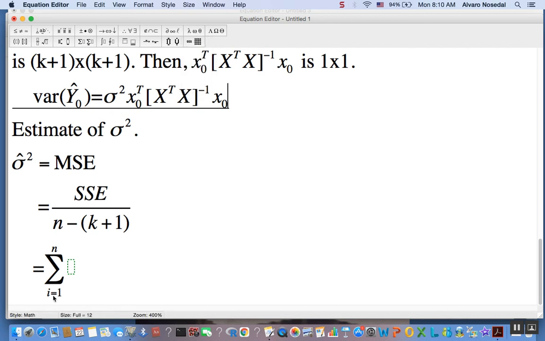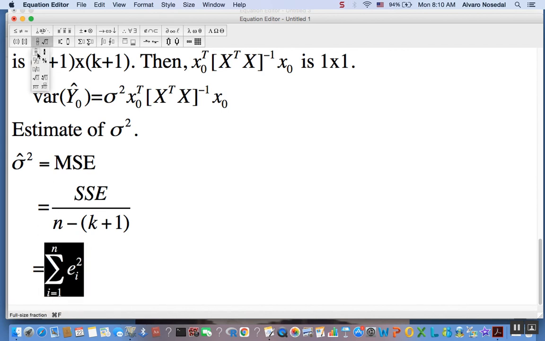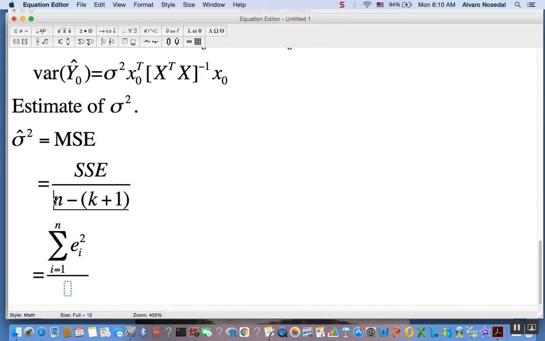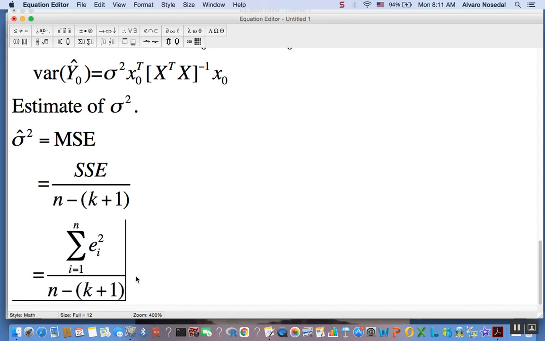Remember that we're going to be using e, the residuals, to estimate the epsilons, right? And then we want to divide that by n minus k plus 1. So another way of calling this is s squared.